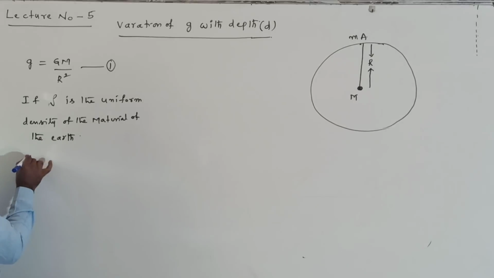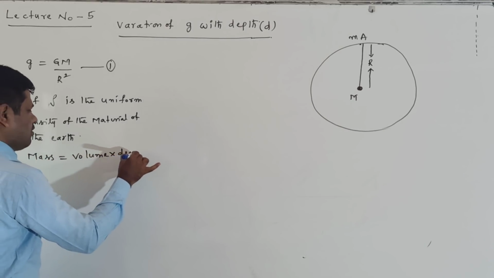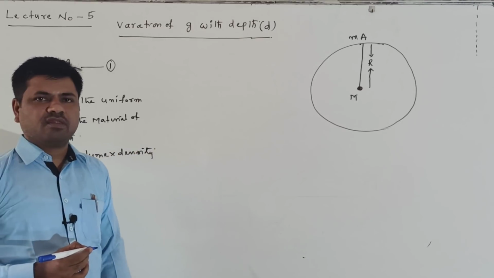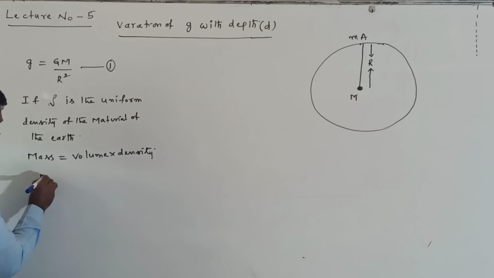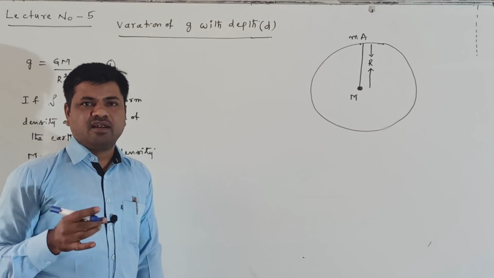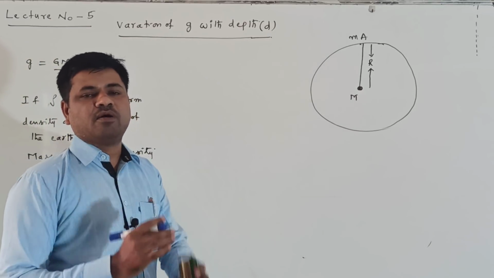The mass of the earth can be written as mass equal to volume into density. Now mass can be written as the volume of the earth. The earth has radius R and is in the form of a sphere.